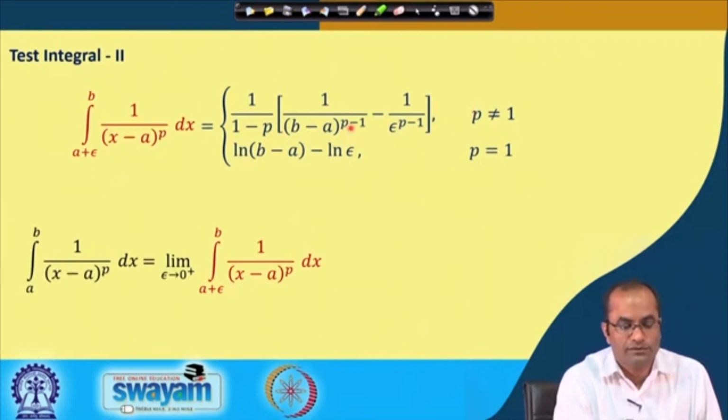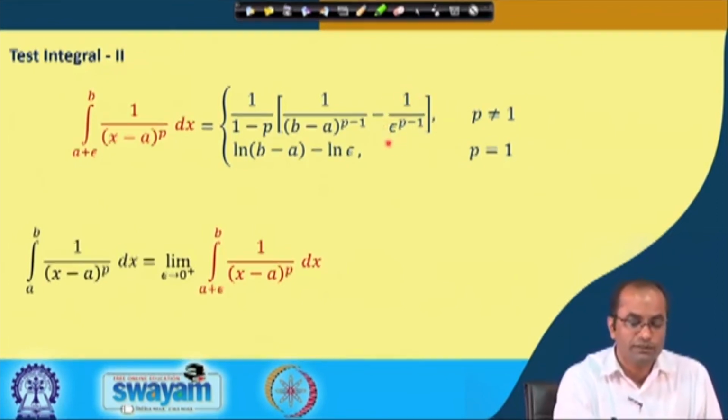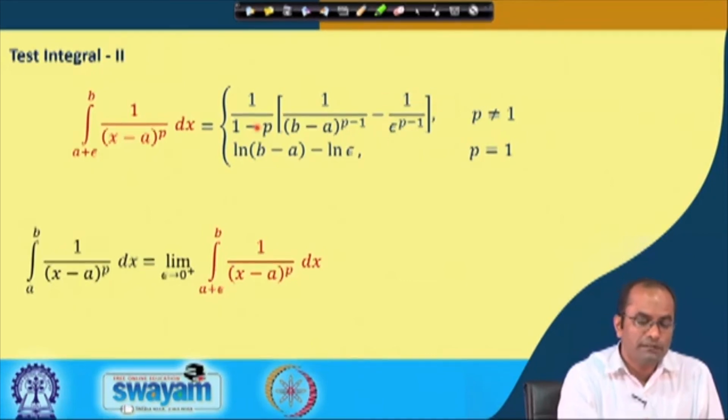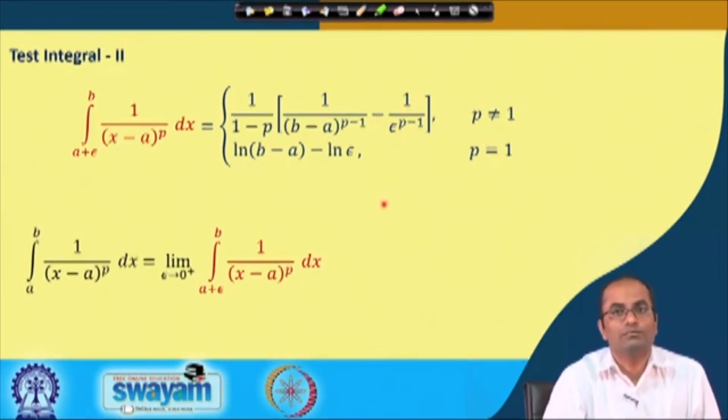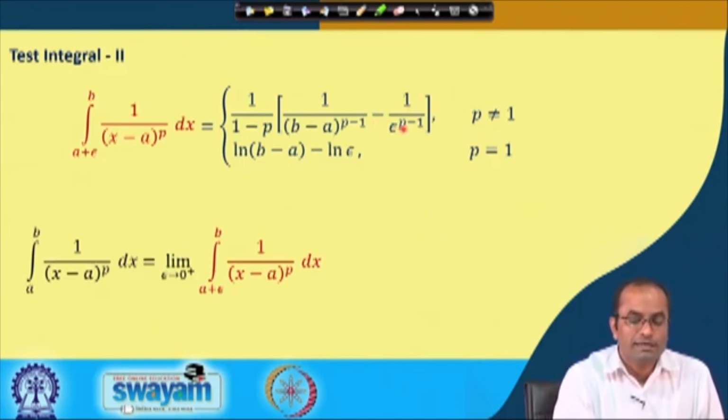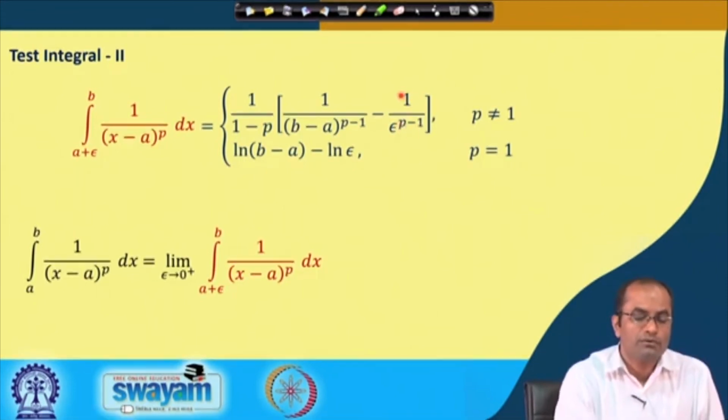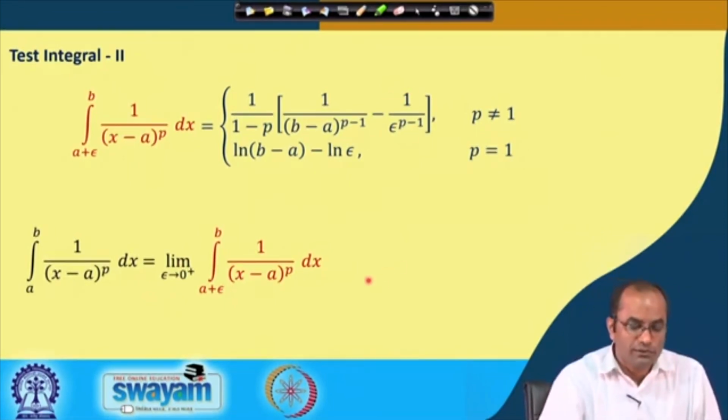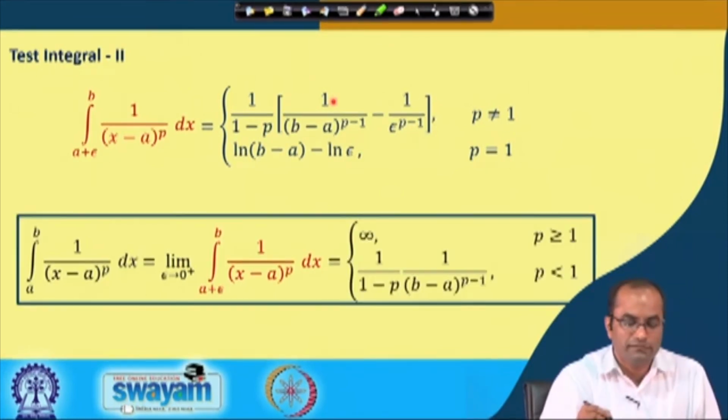And when p is greater than 1 and epsilon goes to 0, this will become infinity, so this integral is diverging to plus infinity. And when p is less than 1, epsilon goes into the numerator, and when epsilon goes to 0, this term will also go to 0. So, in that case this integral will exist.